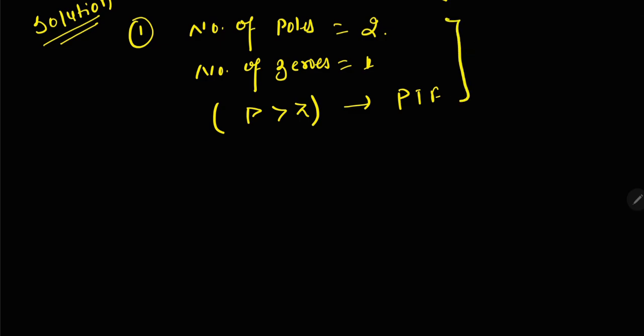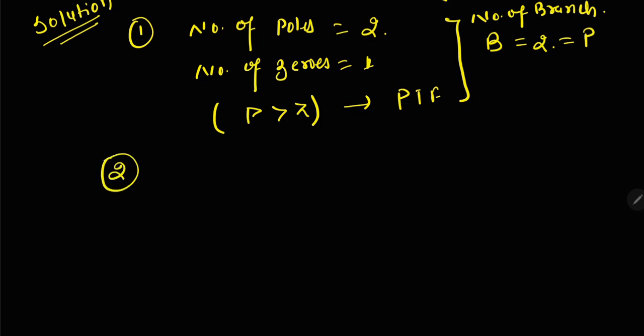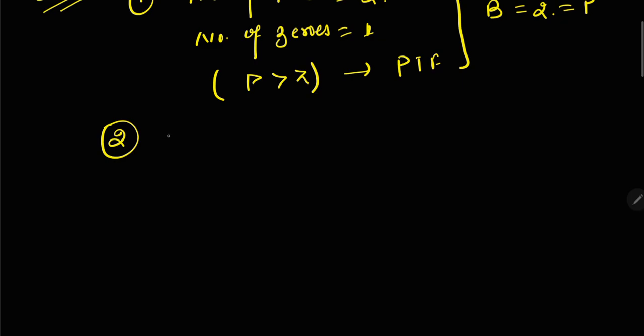Okay, now first calculate the number of branches, that is 2, that is equal to the number of poles. This is the number of root locus branches. Second is number of asymptotes.